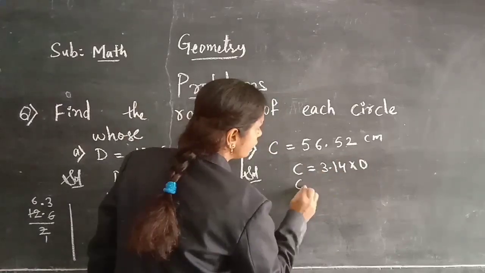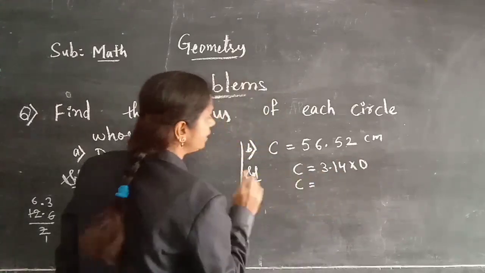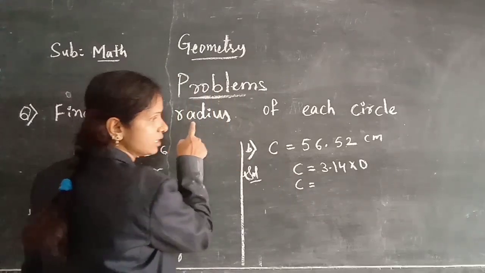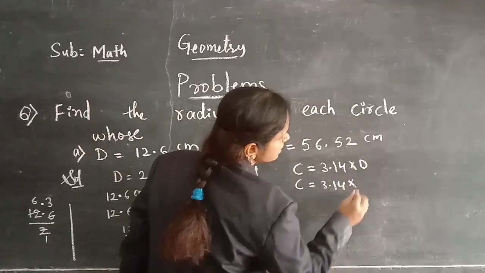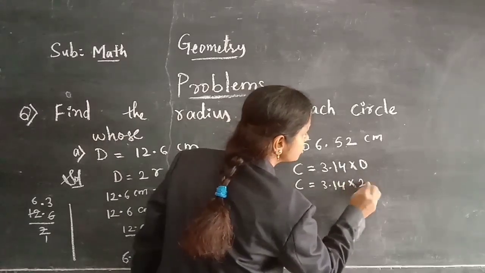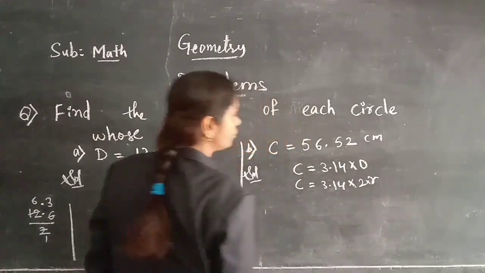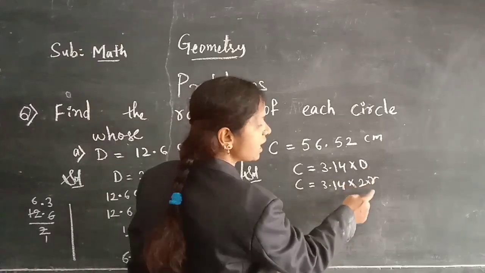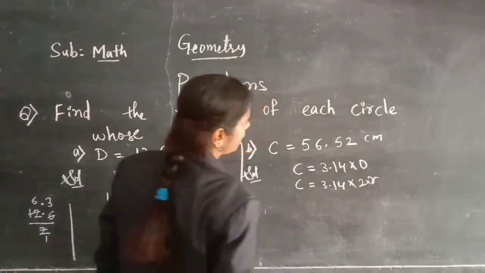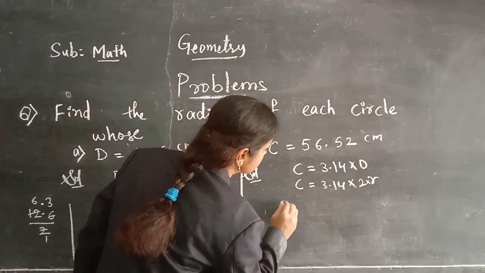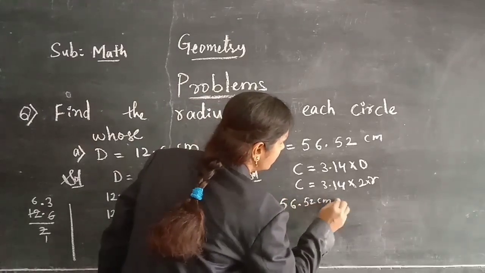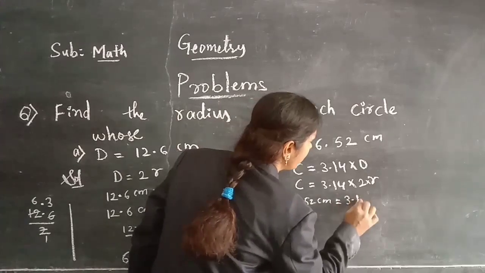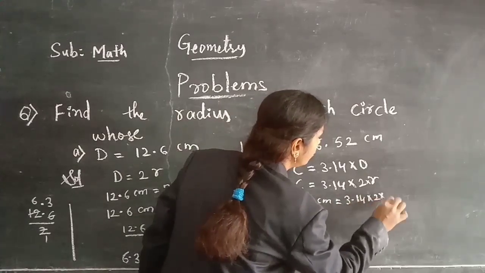But we need to find the radius, so the diameter we can take as 2 into radius. Now the circumference given here, 56.52 centimeters, is equal to 3.14 into 2 into radius.